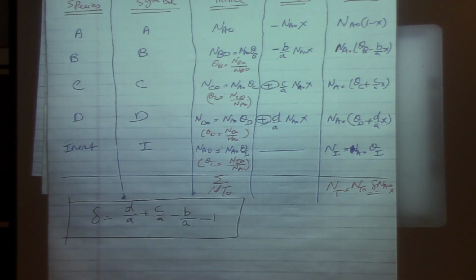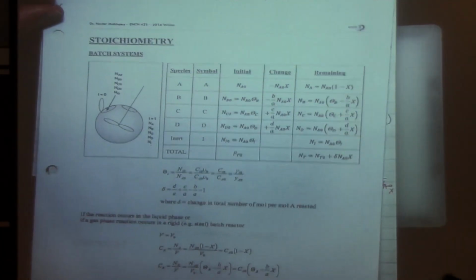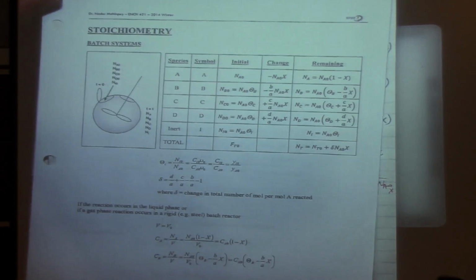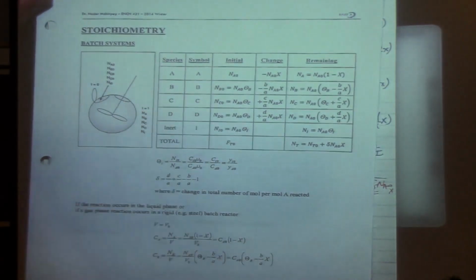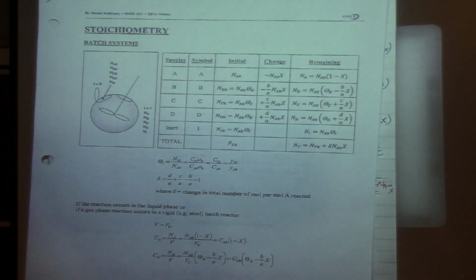At the end of this chapter, I'm going to give you this table, which is the same as I drew on the page a few minutes ago. So you're going to have this table in all the exams, so you can have it in front of you and you don't have to memorize it. Although you need to know how to get this table out.